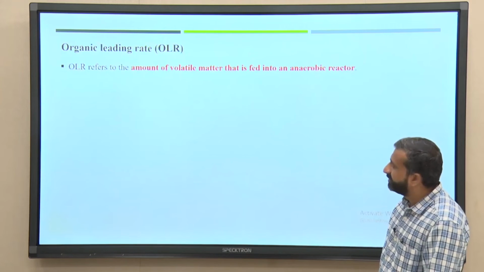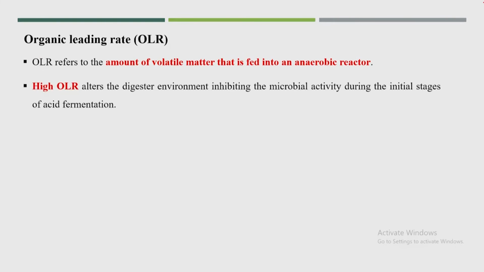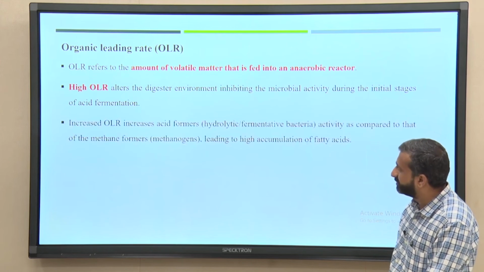Now, another factor is OLR or organic loading rate. The organic loading rate refers to the amount of volatile matter that is fed into an anaerobic reactor. The high OLR alters the digester environment, inhibiting the microbial activity during the initial stage of acid fermentation. So, if you add more amount of organic matter, meaning more carbon, that is also not beneficial for the degradation process.